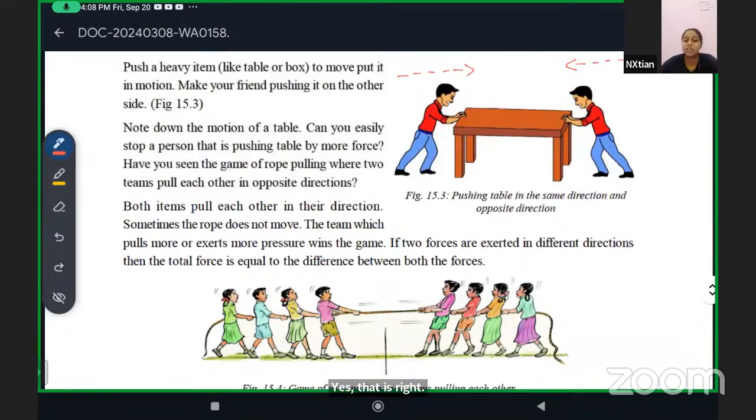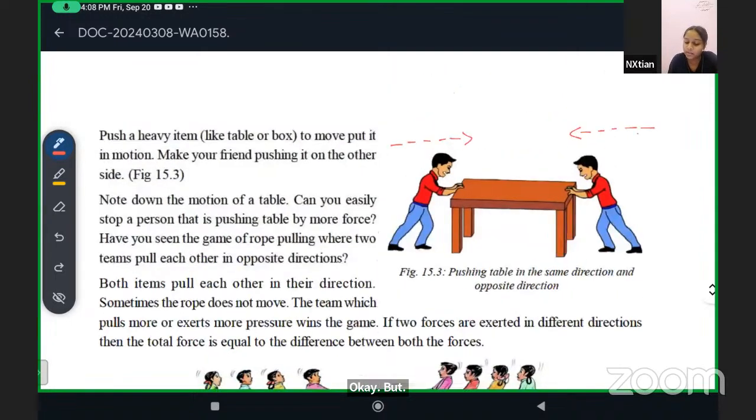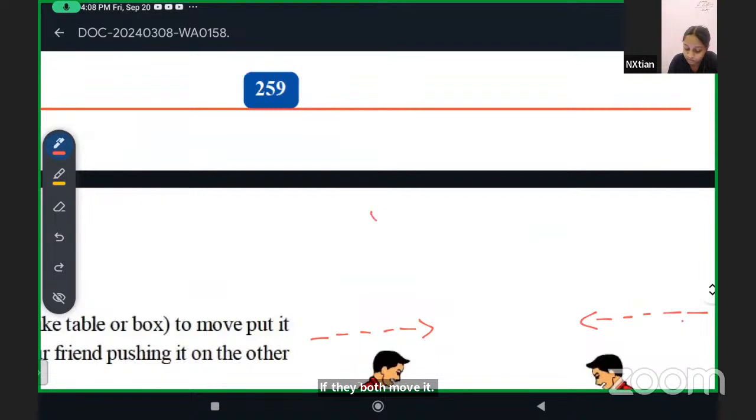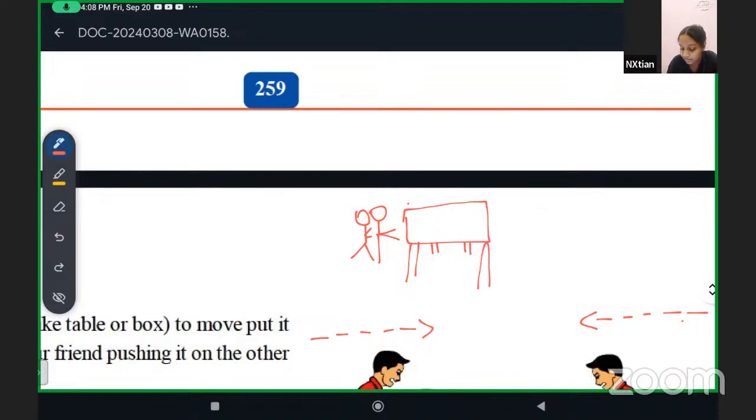If the same forces are being applied in opposite directions, the thing will not move. But if they both move it in one direction, what will happen?